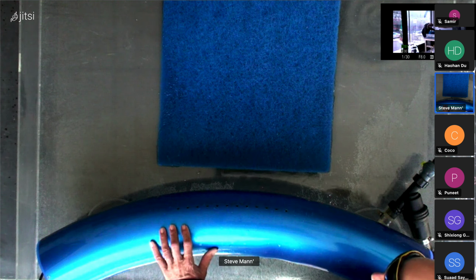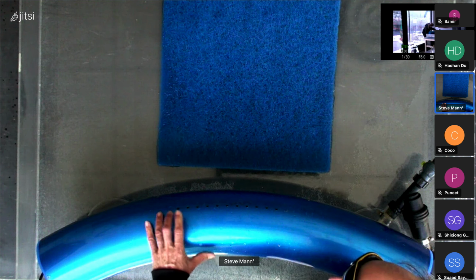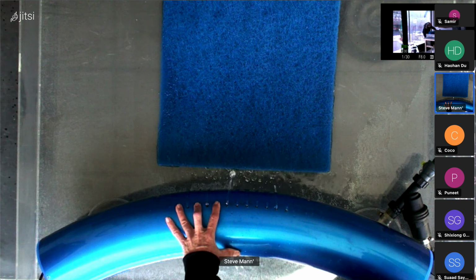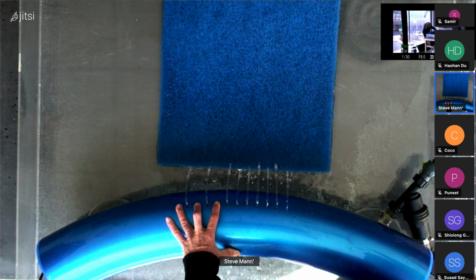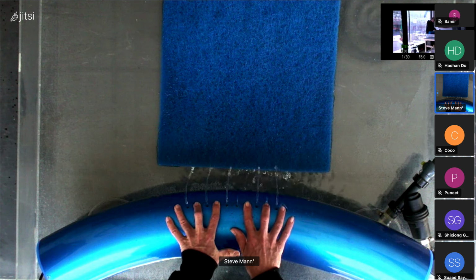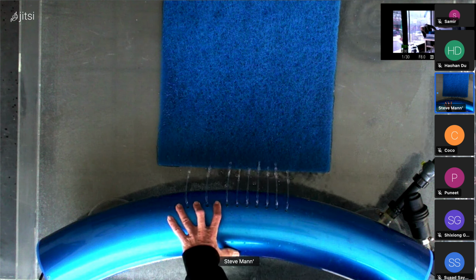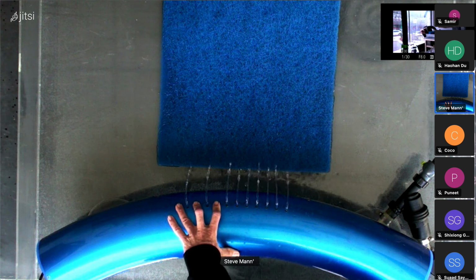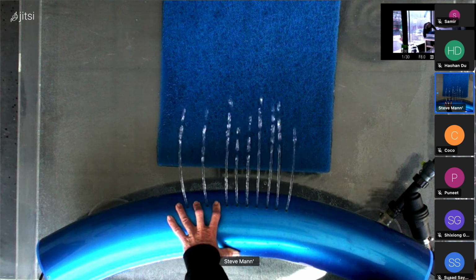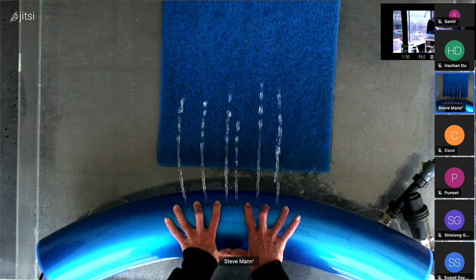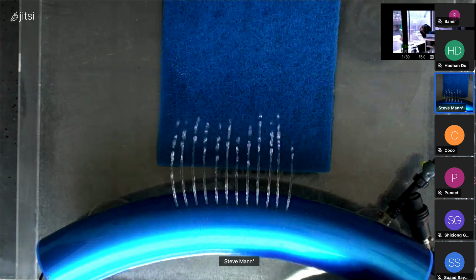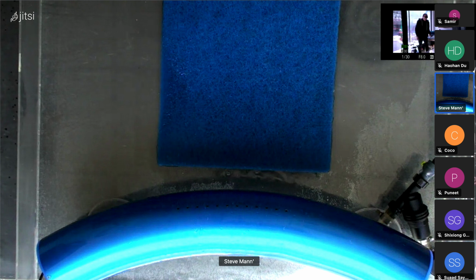And of course, as you vary the amount of flow, the less flow is quieter, so you can quiet here. As you increase the flow, you get more sound level out.